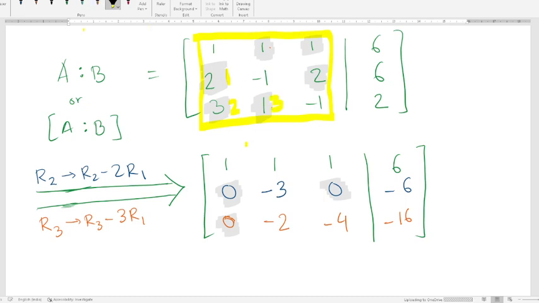Okay, I think I'll use a different pen. Okay, black is good. So first we'll try to get this second row first element. Then we'll try to get third row first column. Then we'll get third row second column, right? After that, we'll attempt for the second row third column.